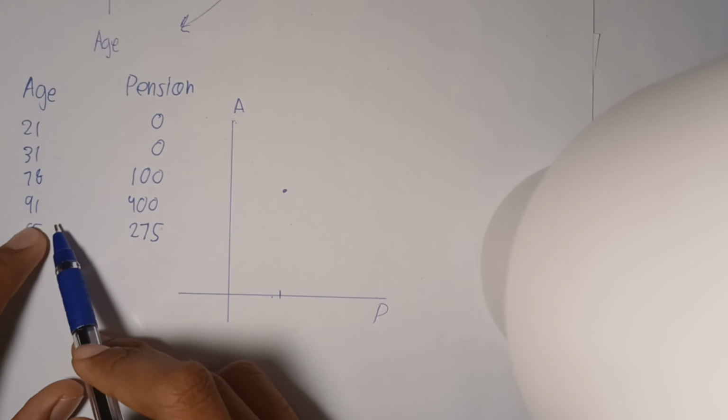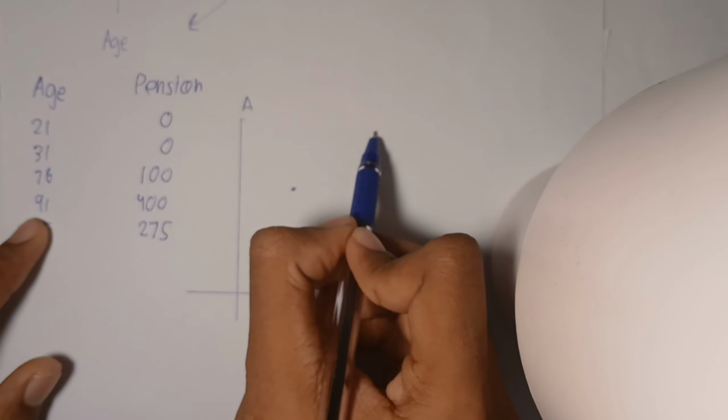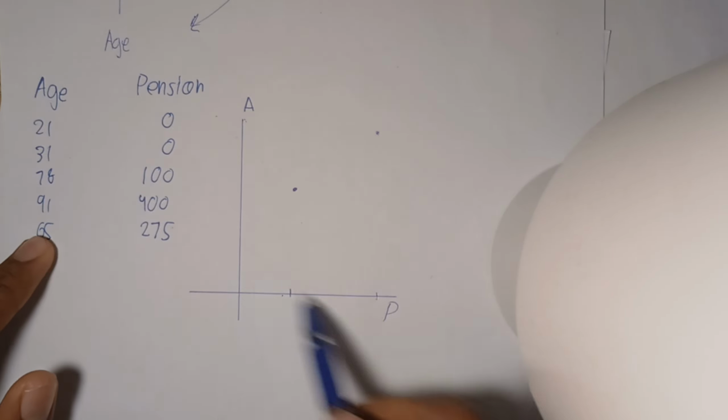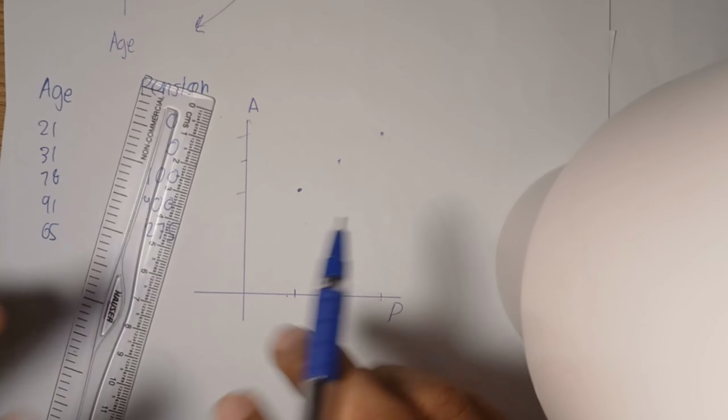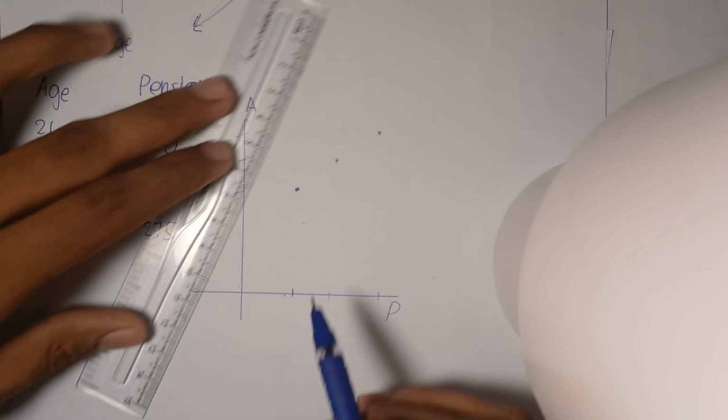Now, if I take the age of 91 here, roughly, for the age 65, you might notice that these 3 points aren't exactly in a straight line.